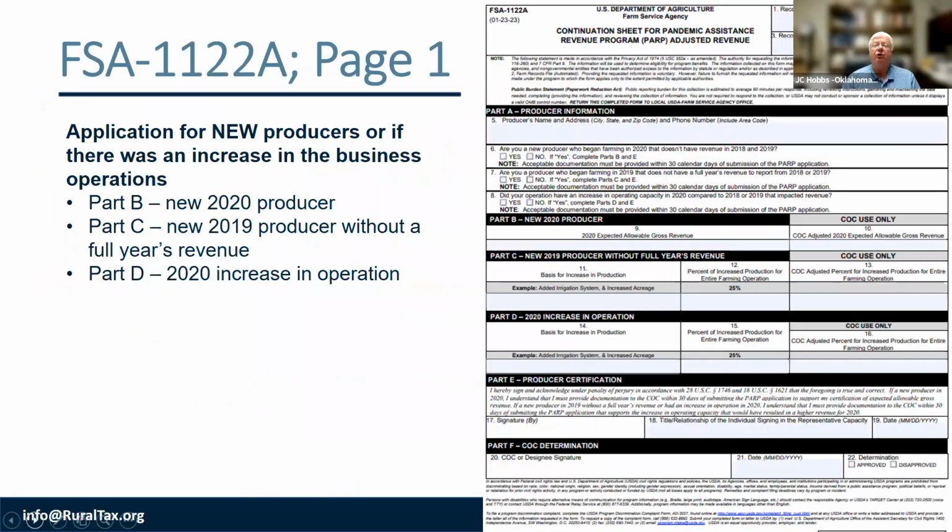So here's the 1122A. This is not one we're using because our assumption in this, our producer that we're dealing with, is an experienced, established producer. He's not going to be new to 2020.